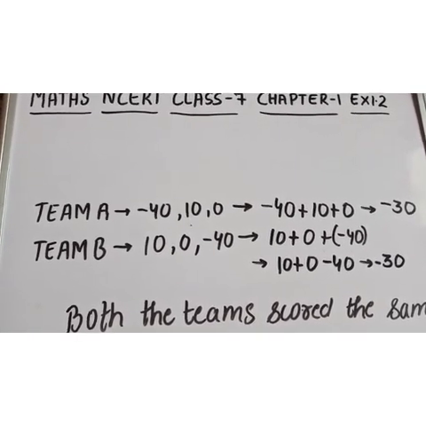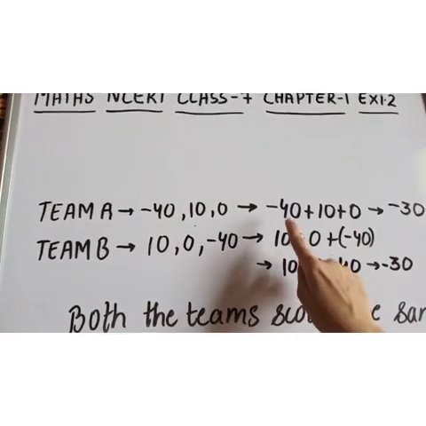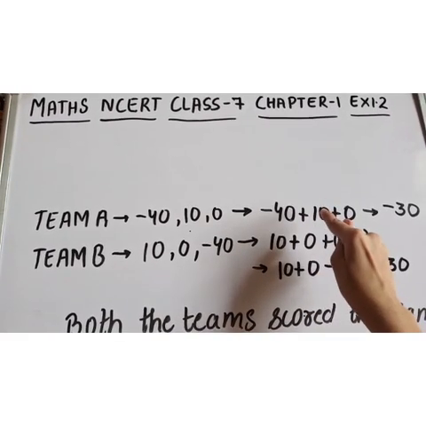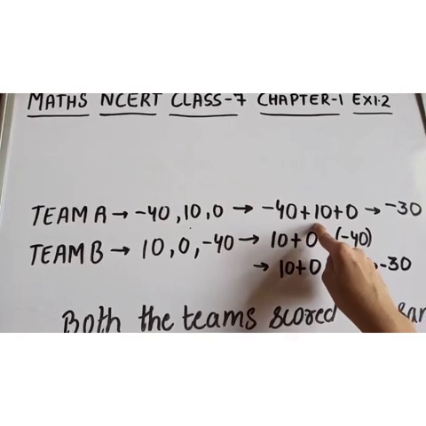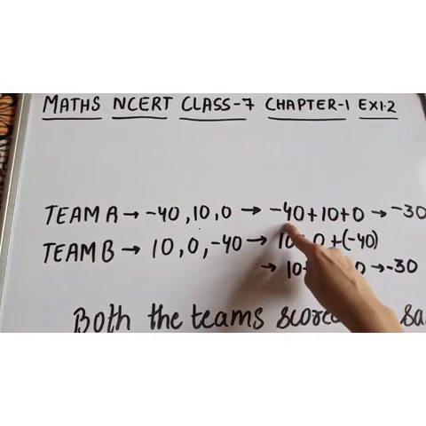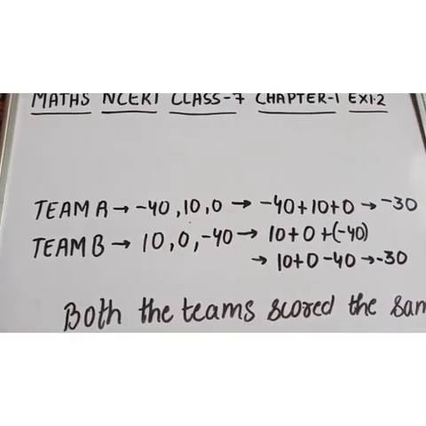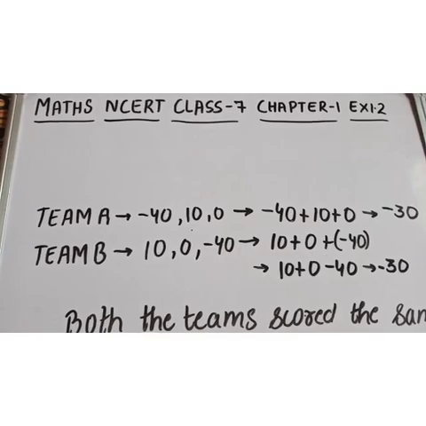Yes, of course we can add the integers in any order, because see, if we take this minus 40 in the place of 10, and in the place of 10 we put minus 40, like, let me write and then explain it to you, otherwise you will not be able to understand.